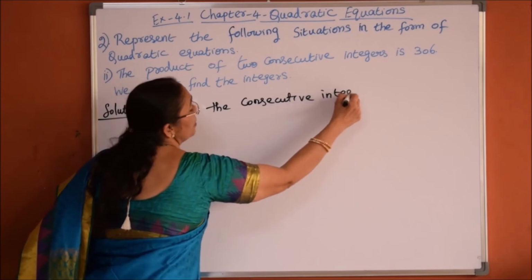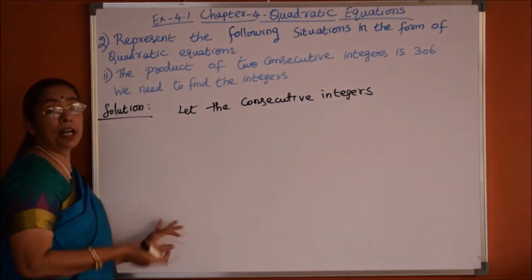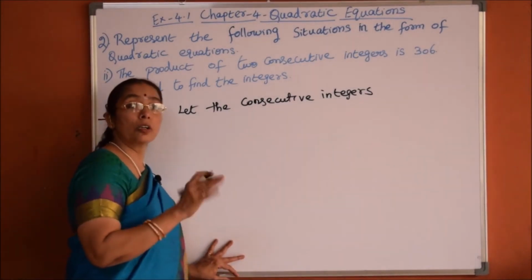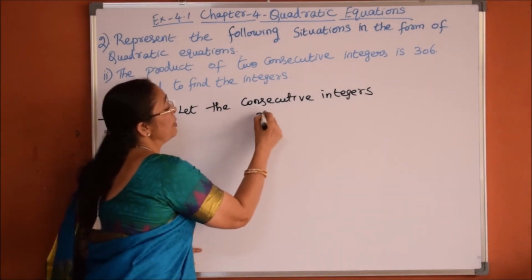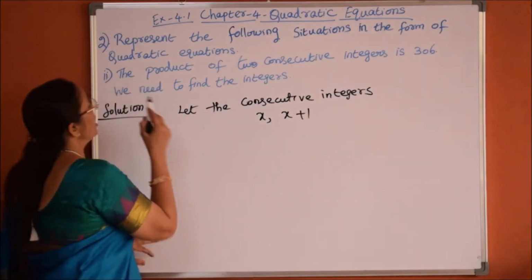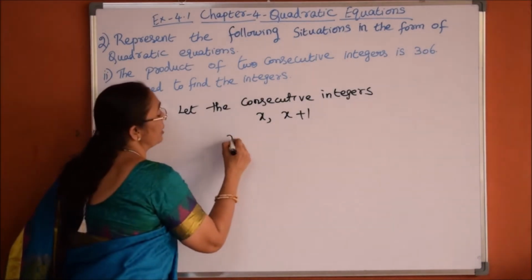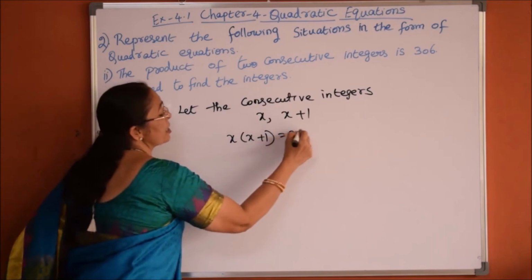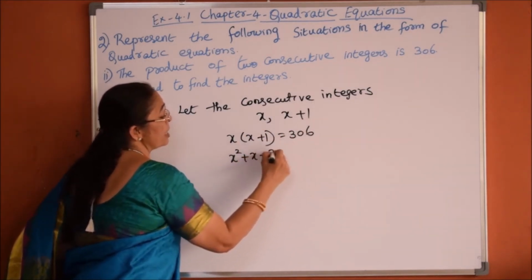For example, 3 and 4 are called two consecutive positive integers, 101 and 102 are consecutive integers, minus 2, minus 3 are consecutive integers. In the same way, we will consider the two consecutive integers as x and x plus 1. Now, what is the condition? The product of two consecutive integers. So, their product x(x plus 1) is given as 306. We can multiply this out to get x² plus x and bring 306 to this side.